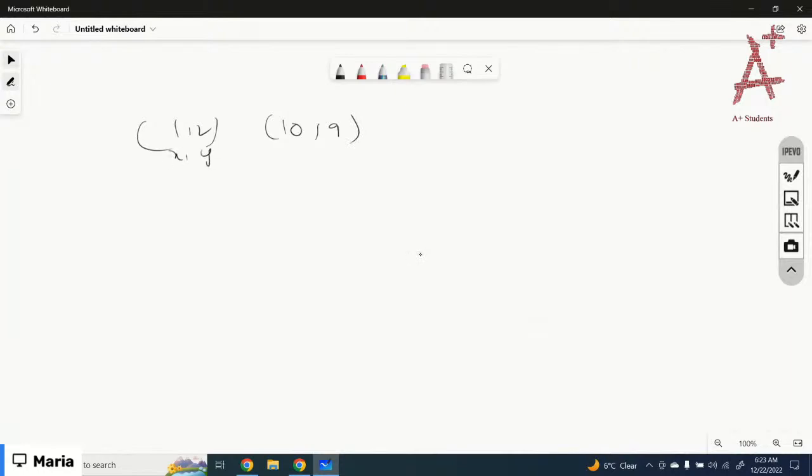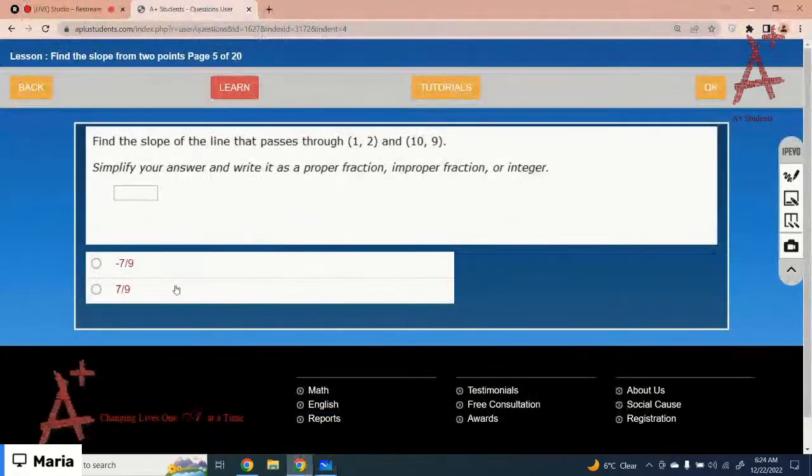So this is x1, y1, x2, y2. So slope equals y2 minus y1 divided by x2 minus x1. Got it? So y2 is 9 minus 2 and 10 minus 1. 9 minus 2 is 7 and 10 minus 1 is 9. So it would be 7 over 9. Got it? Okay, you can complete the test by yourself later today.